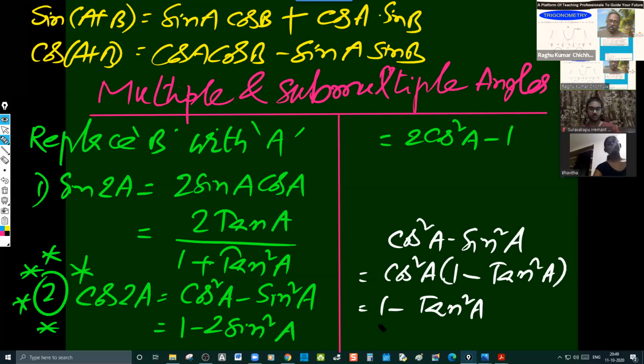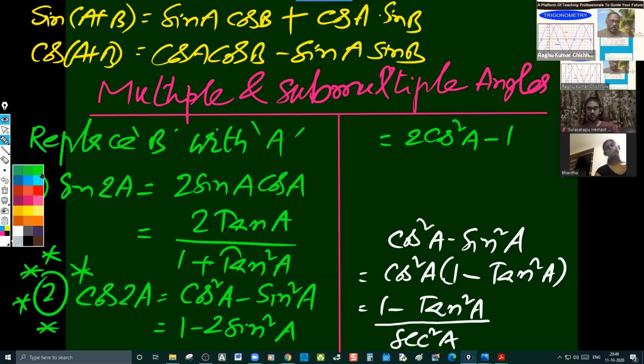Cos square A to the denominator gives you secant square A. That secant square A can again be written as 1 plus tan square A. So what is cos 2A purely in terms of tan? It is 1 minus tan square A upon 1 plus tan square A.